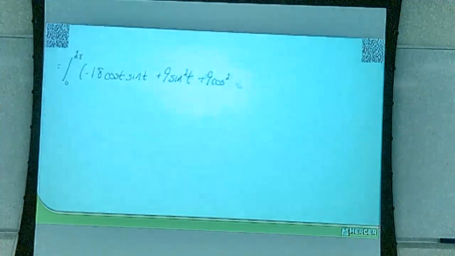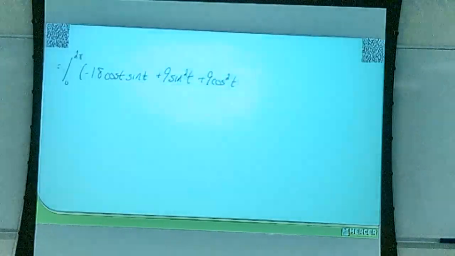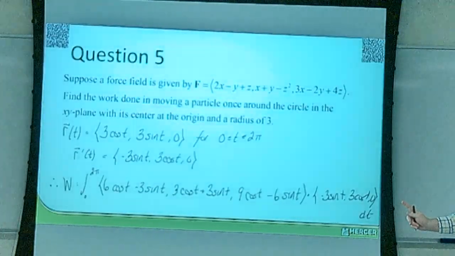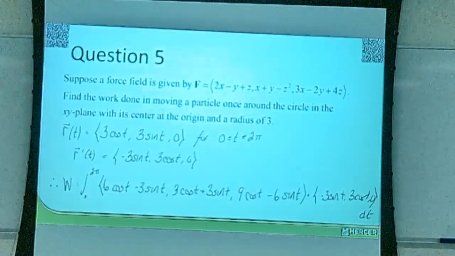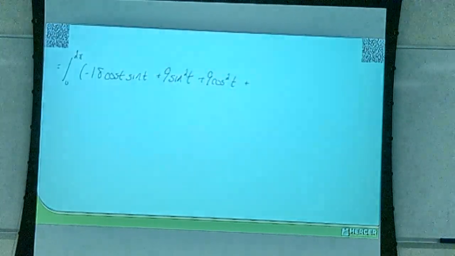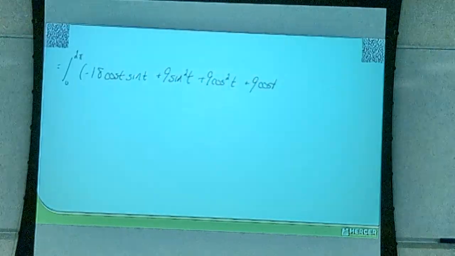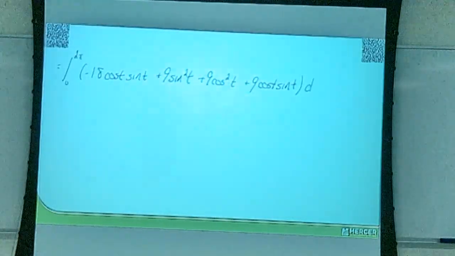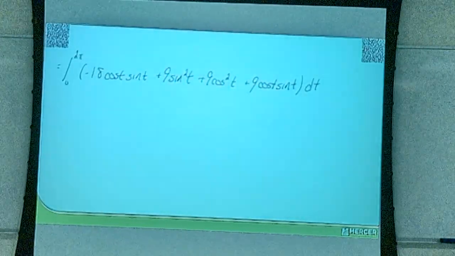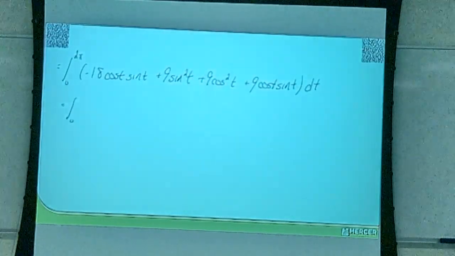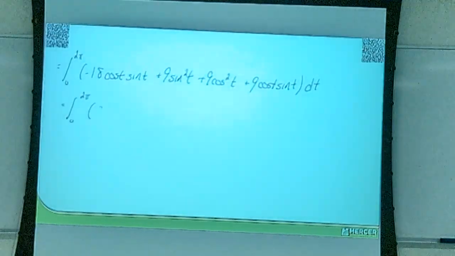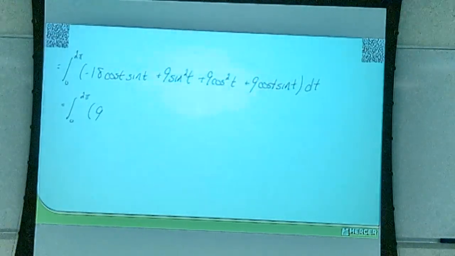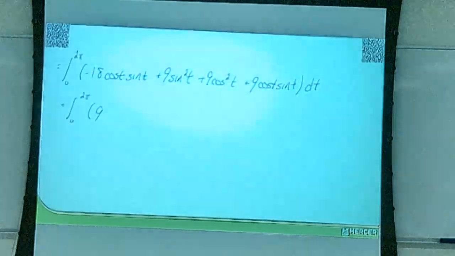Let's just do it in terms of t. And that looks like what? Plus 9 sine cosine. 9 sine squared plus 9 cosine squared is 9, right?